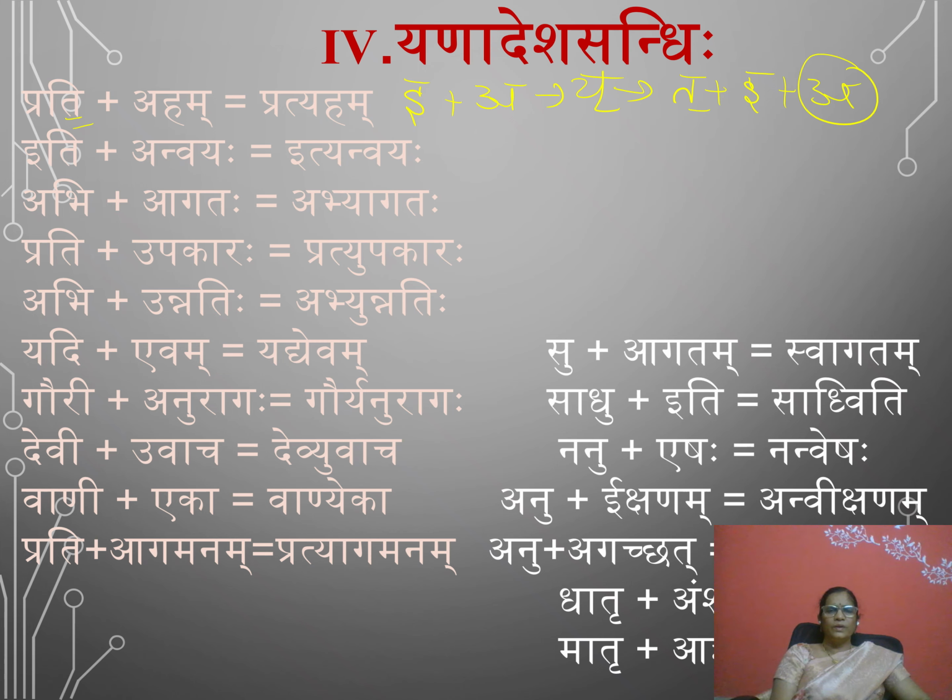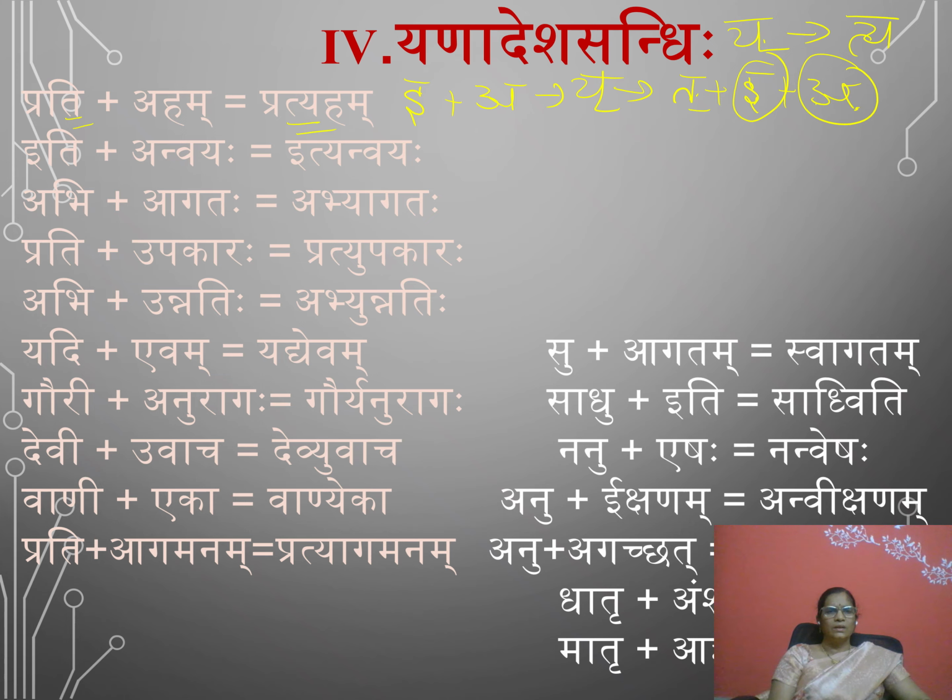Here if the word ends with E or E, second word if it starts with any dissimilar vowel, then in the place of E, we will get Ya. That means here tu is remaining same, second word's first letter A is remaining same. In the place of E, we are writing Ya. Then tu and Ya and A, this is Sanyukta Akshar, it becomes Ya, Pratyaham.